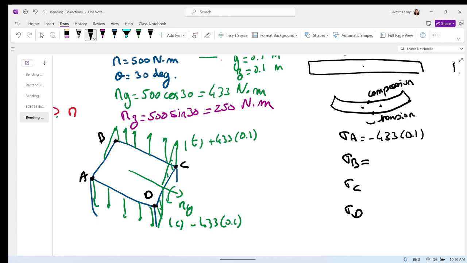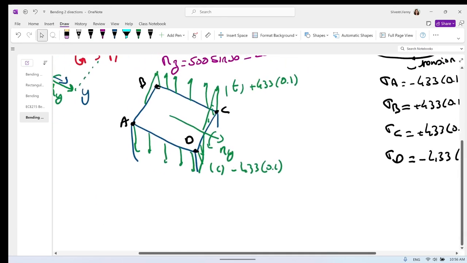Sigma B is in tension, so plus 433 times 0.1. Sigma C is in tension, so plus 433 times 0.1. And sigma D is in compression, so minus 433 times 0.1. So B and C in tension, positive, positive. A and D are in compression, negative, negative. And we need to redo that for the other one.